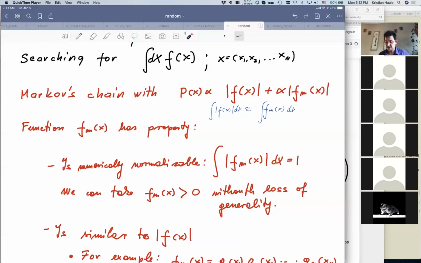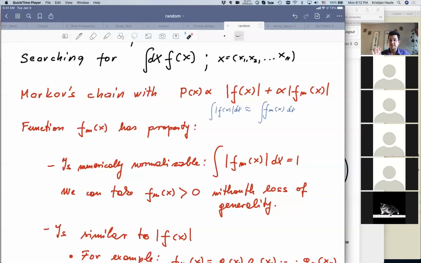Now, if we choose the probability to be only this part, if we remove the other part, then we are going to sample this auxiliary space. Provided that this fm function is close to function f, we still get a good approximation for the integral, but it is not as efficient as if this part of the function has bigger weight.